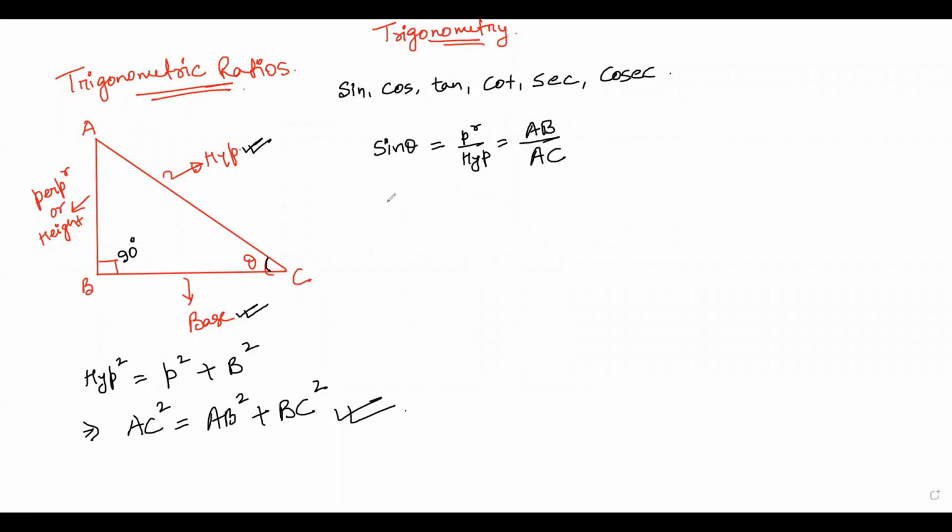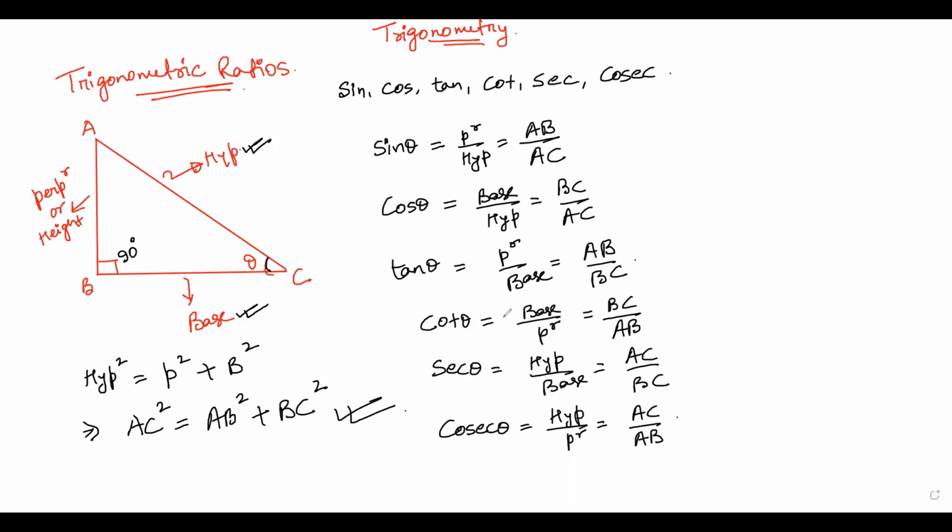In a similar way, cos of this angle is given by base upon hypotenuse. So for this triangle, this would be BC upon AC. And tan theta is given by perpendicular upon base. So this would be AB upon BC.